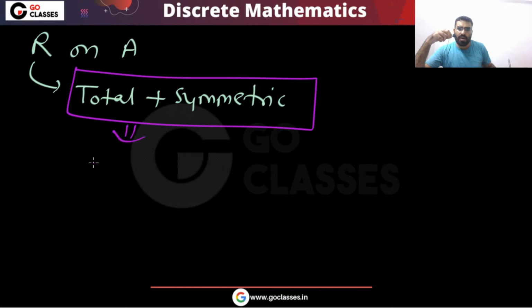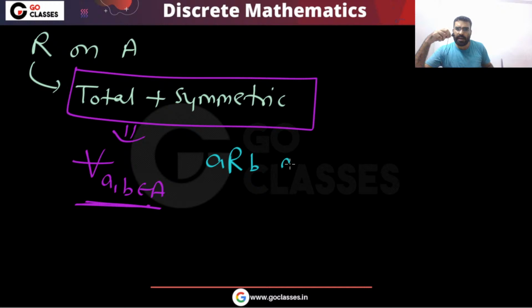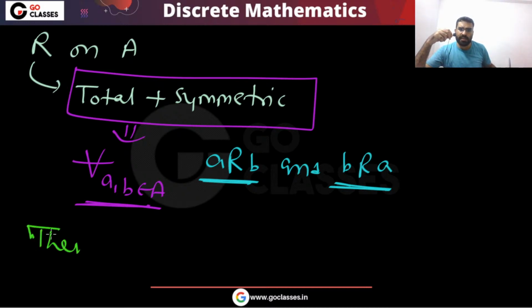This is saying that for all a comma b belonging to A, whatever two elements you take, a will be related to b and b will be related to a. So every element is related to every element. Then what is this relation? This relation is definitely your cross product.